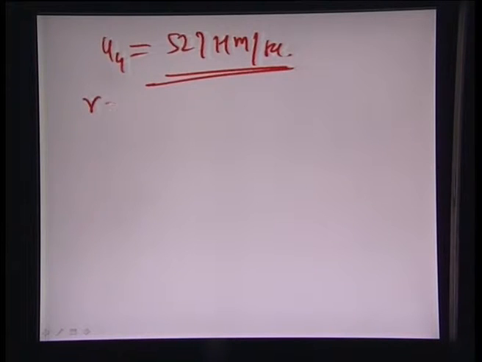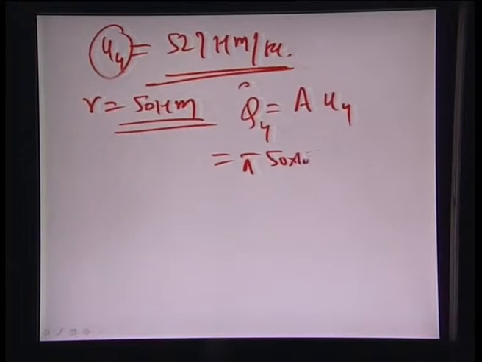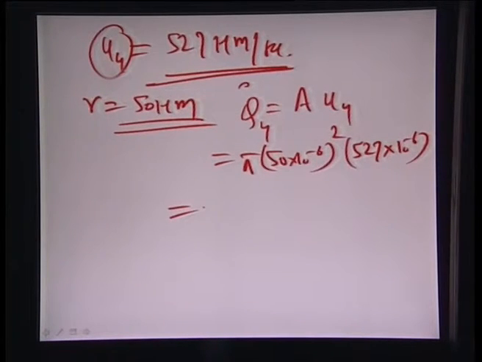Okay. So, the radius is about 50 microns, all right, and calculating flow rate here is really not a problem. Essentially the area of cross section times U4, and area is pi times (50 × 10 to the power minus 6) squared times 527 × 10 to the power of minus 6. So, this from calculation would come out to be about 248 nanoliters per minute.